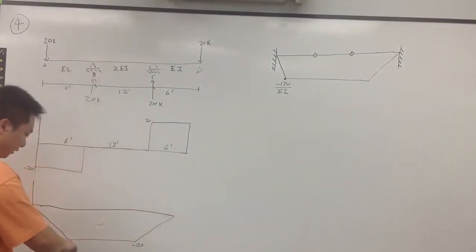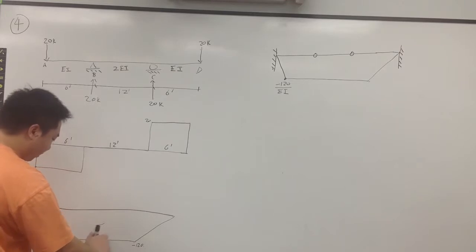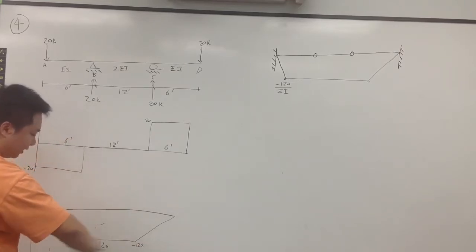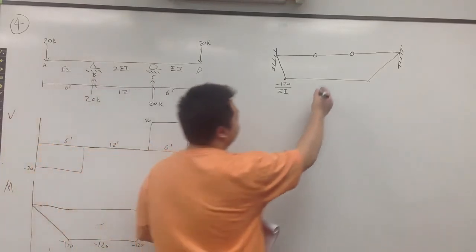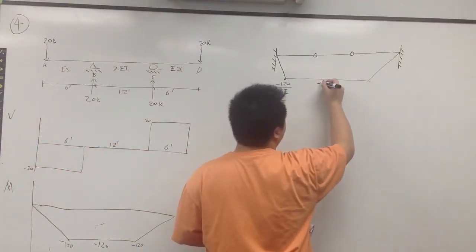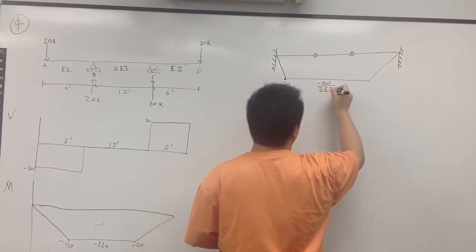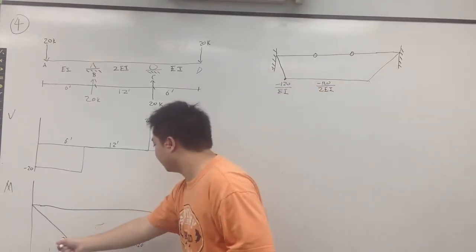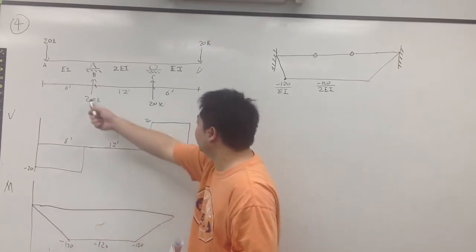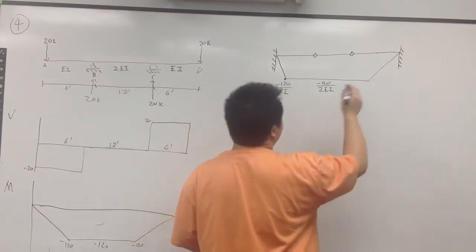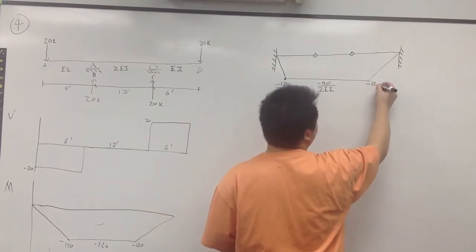Same thing here. Everything is negative 120 at this line. So this one, you're going to have negative 120 divided by 2 EI, because this distance is 2 EI. That's what the question said. This one, same thing, negative 120 over EI.